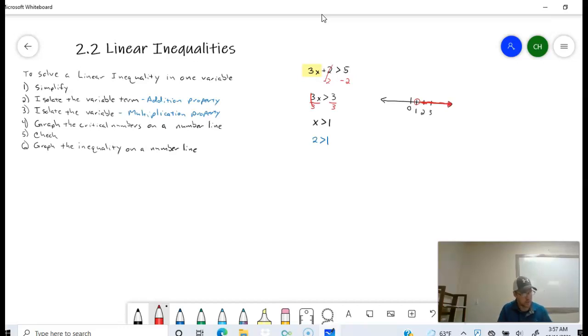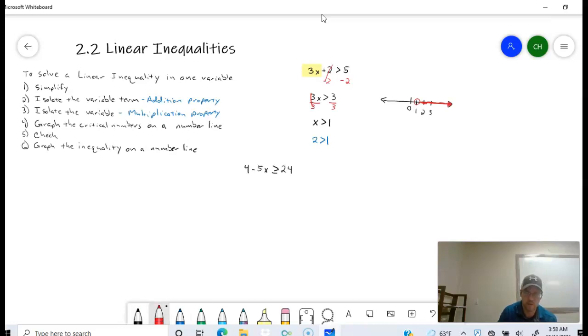Alright, so let's look at one more. Let's just do 4 minus 5x is greater than or equal to 24.